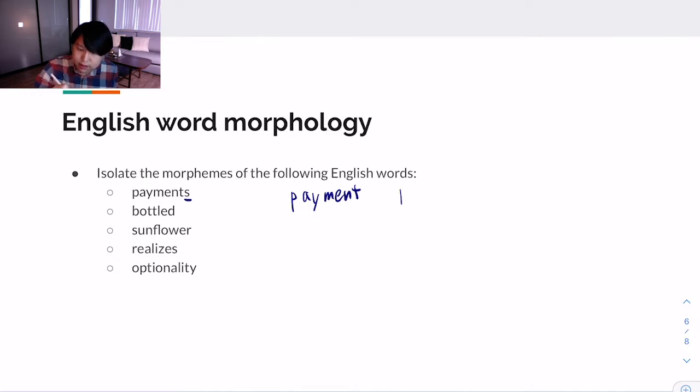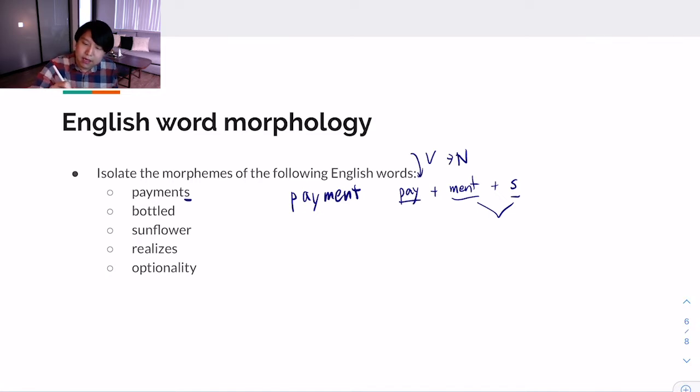It consists of pay and ment, where pay is a verb, to pay something, to give money to someone else, and ment is an ending that makes a verb into a noun. It's a suffix, so it's made of pay and ment and s, which is a plural ending. So these two are suffixes, so they are not free, they are bound morphemes.